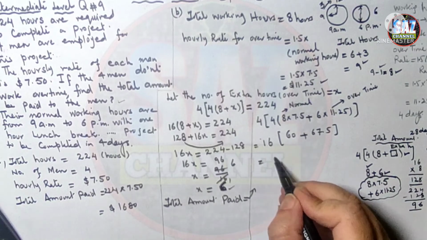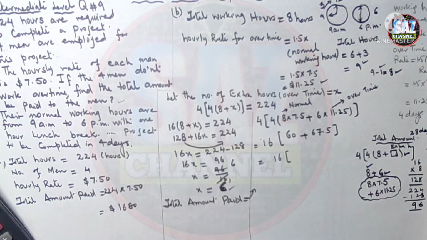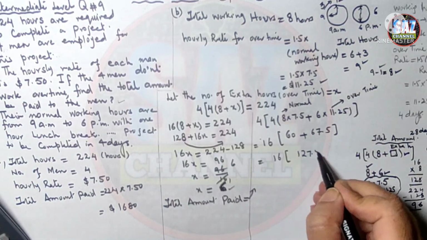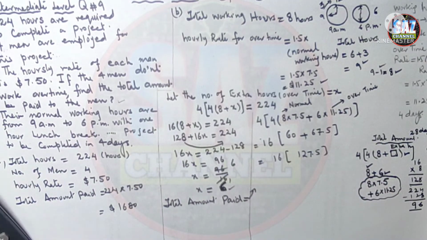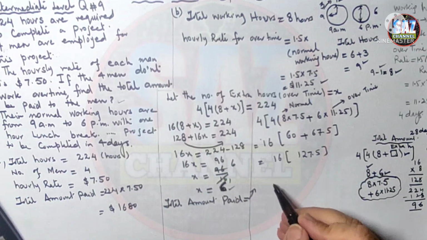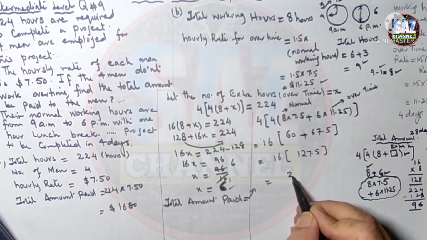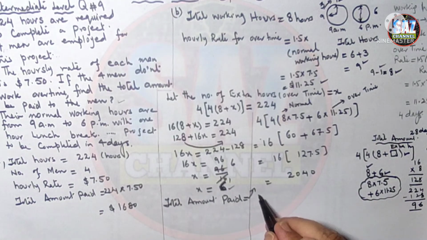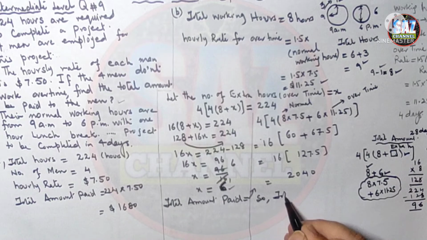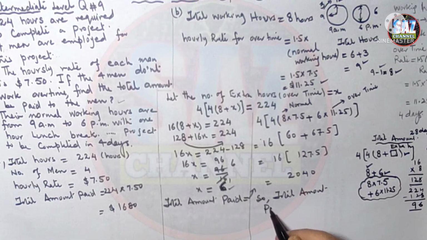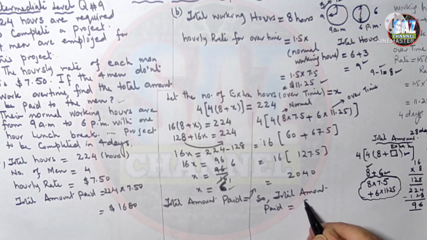Now 16 into 127.5, that is 127.5 multiplied by 16, is 2040. So the total amount paid is $2040.